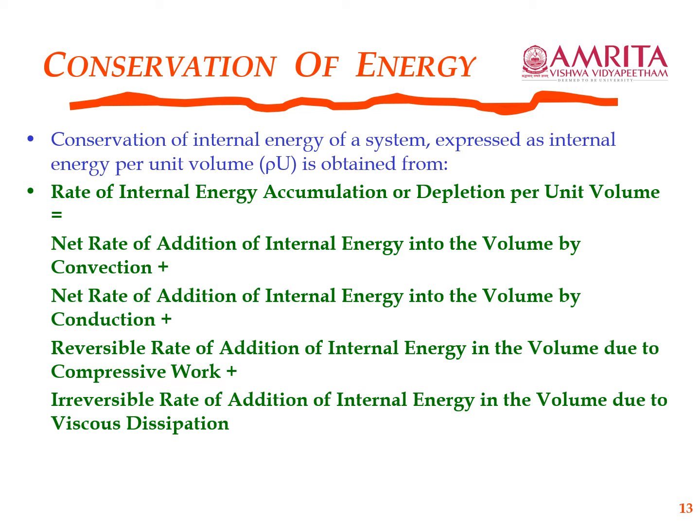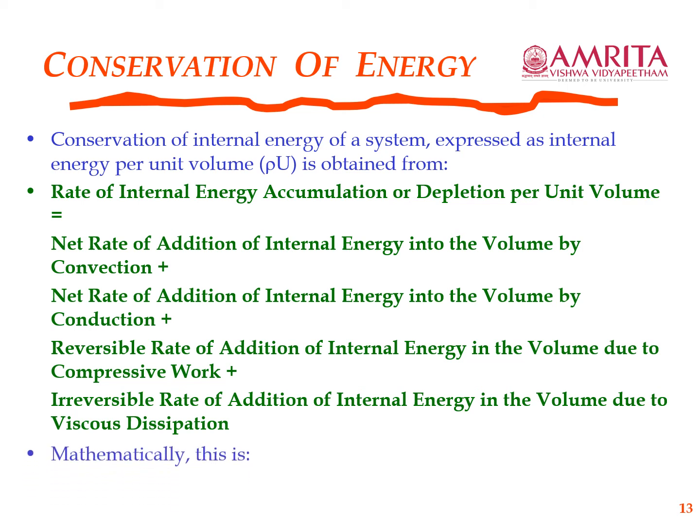The simplest example I can give is how you warm your hands by just rubbing your two palms together, right? So the heat that is generated is basically due to the irreversible frictional forces between the two palms that are in contact with each other, and that is your irreversible rate of addition of internal energy in that volume due to viscous dissipation.